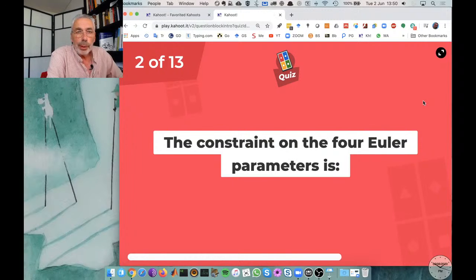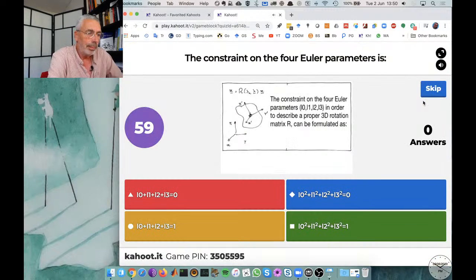Constraint on the 4 Euler parameters is... So of course we only need 3 parameters according to Euler theorem, but with the 4 Euler parameters there's a constraint. What is the constraint?